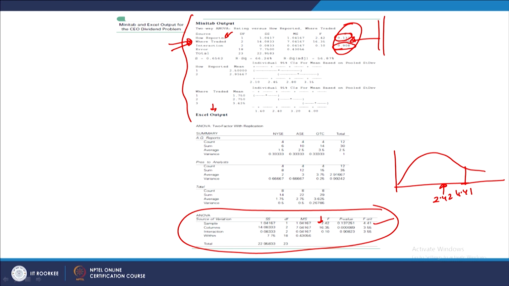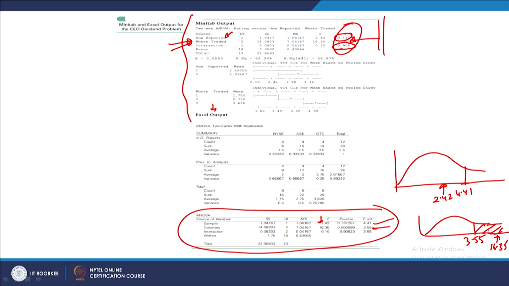So, you are not rejecting null hypothesis and you are saying that the reporting system is same in both the methods. But if you look at the second one, where F critical is 3.55 and calculated value is 16.35, right. So, this is a rejection region. So, you are rejecting null hypothesis, right.